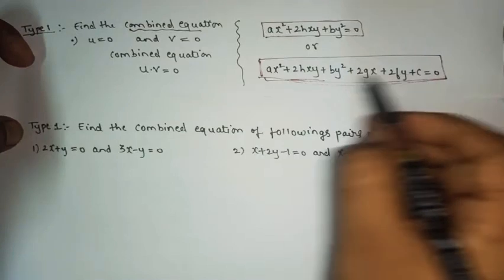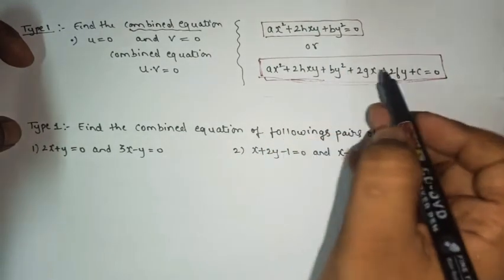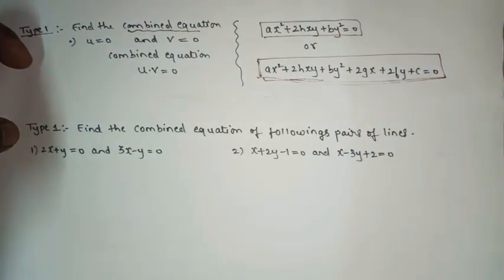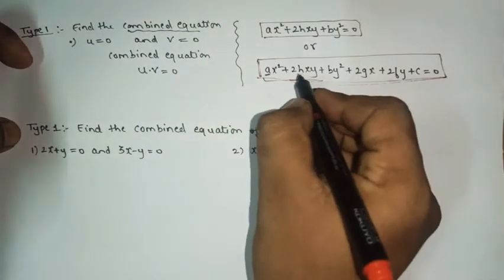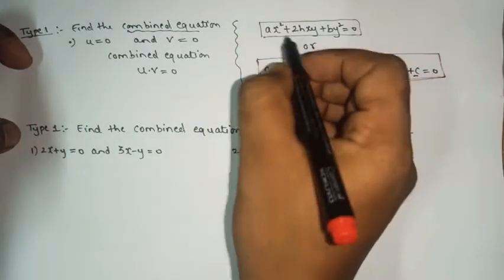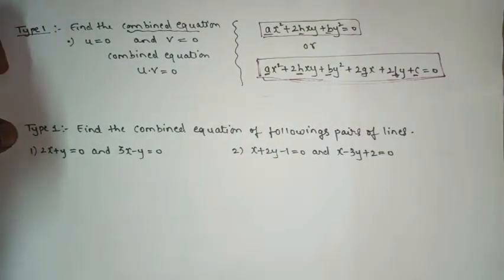That is ax² + 2hxy + by² + 2gx + 2fy + c = 0. So here a, h, b, g, f, c, where a, h, b are the coefficients of the equation. Got the point?